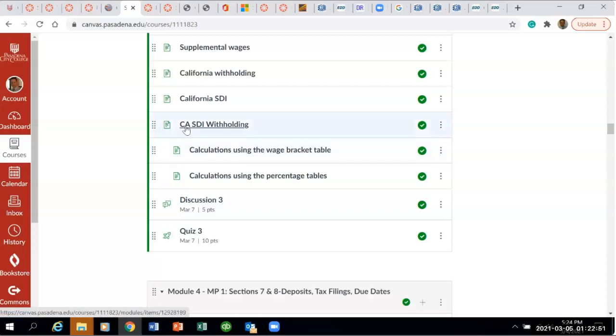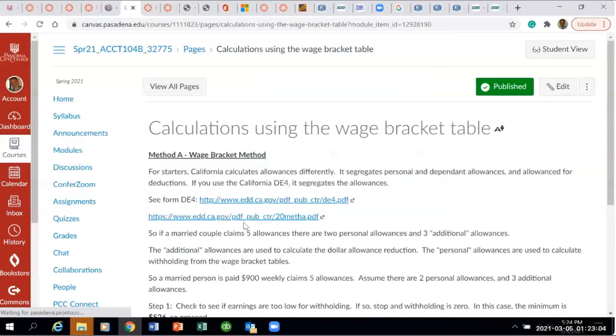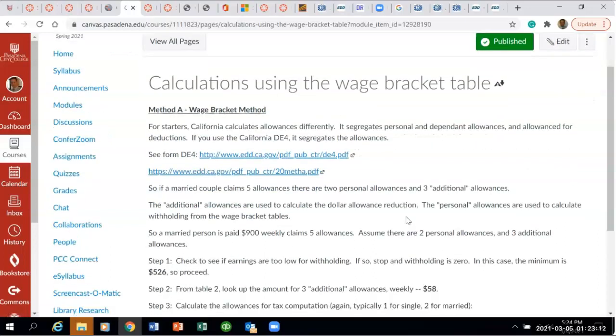Calculation for California using the wage bracket method, not the percentage method, which is lengthy. So the wage bracket is the easy way to go. You go to EDD.